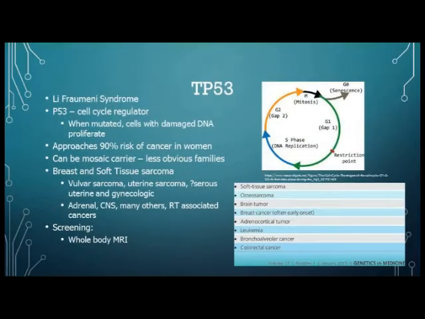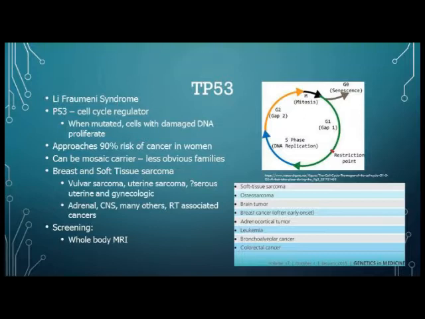Now for the really fun ones and really rare ones. So TP53 mutation is better known as Li-Fraumeni syndrome. TP53, if anyone took bio, knows that it interacts with this lovely cell cycle that gave us all nightmares in undergrad. At least it did me.